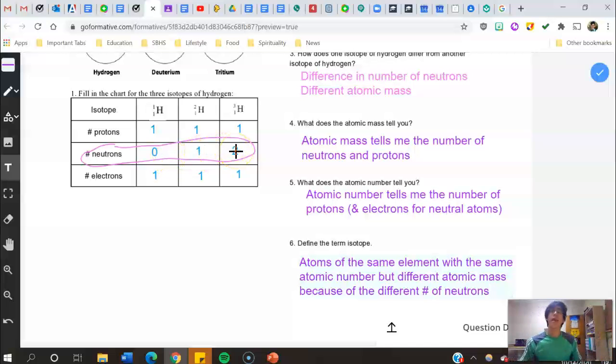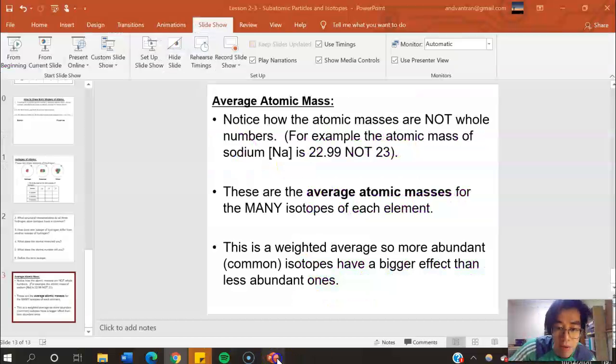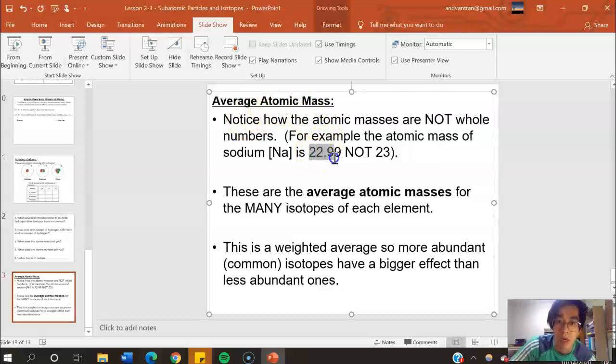You're going to learn later that when you have nuclear decay or nuclear power plants, that's when the neutrons of different isotopes fall apart, and that creates energy. Pretty neat. If you want to know the reason why atomic mass is like 22.99 and not 23, it is because there are many isotopes for each element.